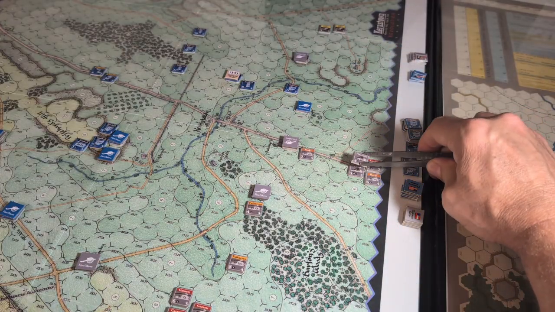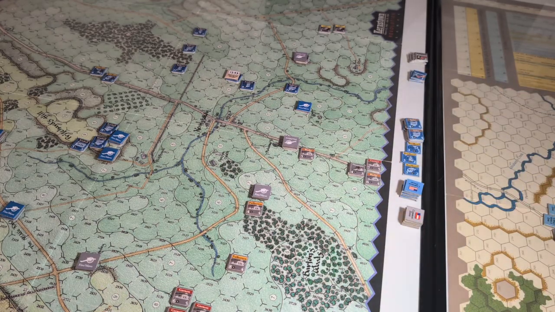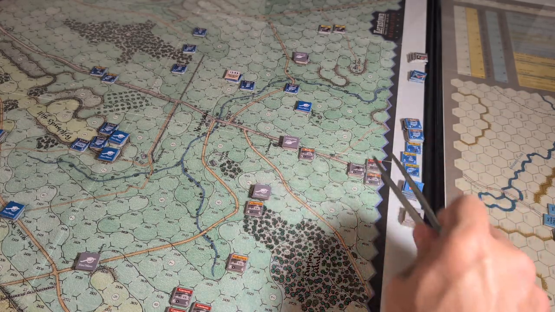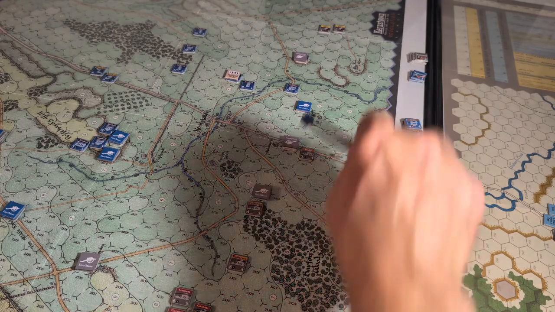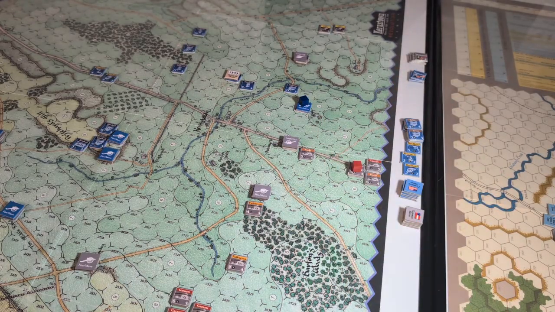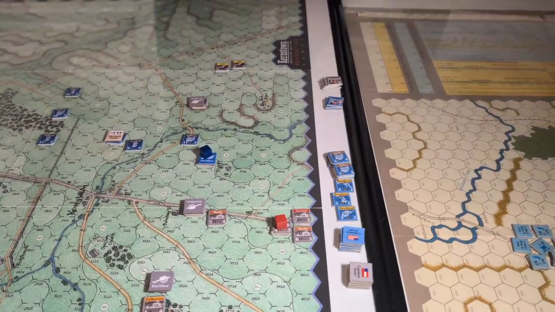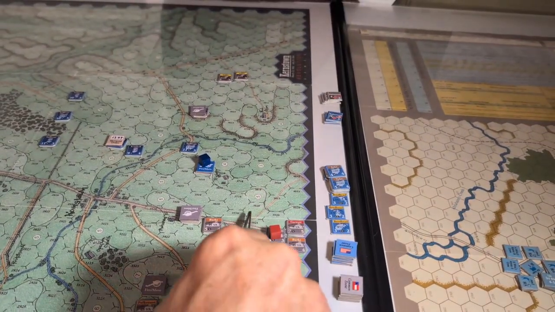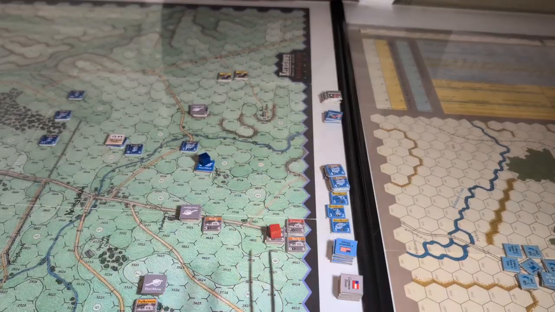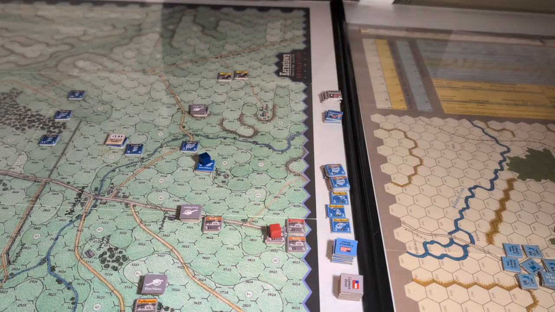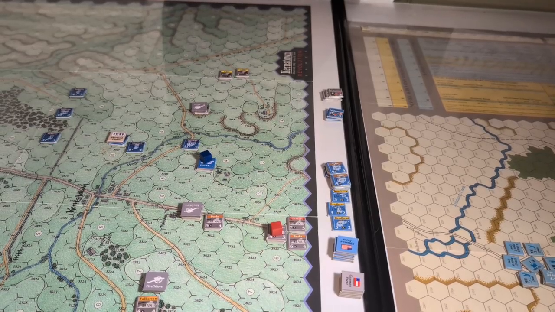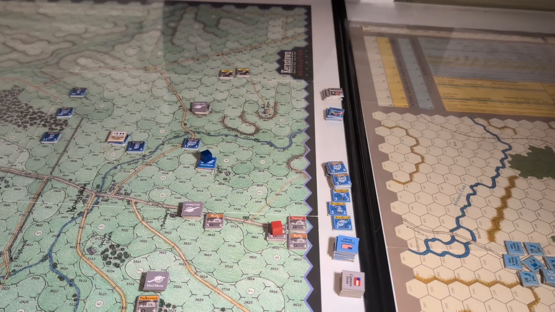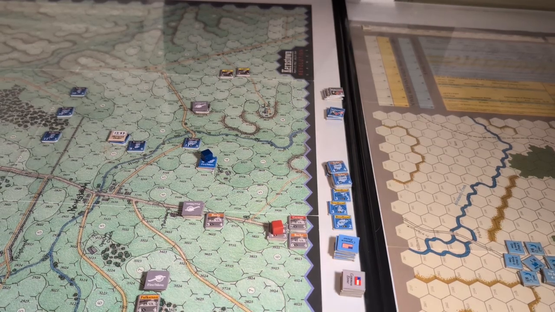So mixed and smooth bore. Okay. They're firing at that unit. One, 2, 3, 4, 5, 6. Smooth bore, 6 is effective. Mixed cannon is also effective. So we've got 8 firing, strength of 8.